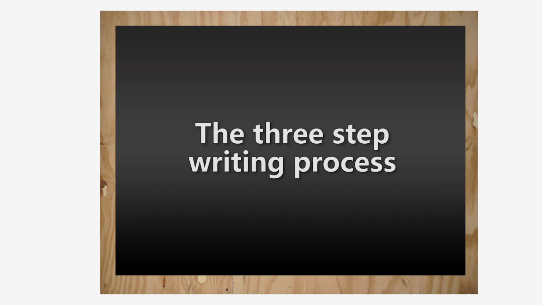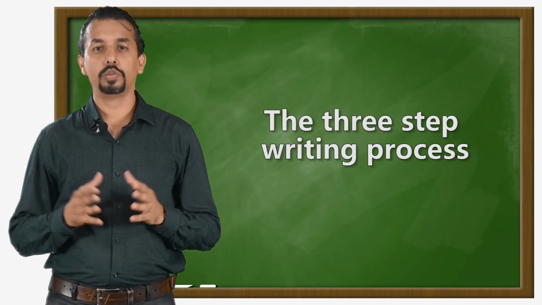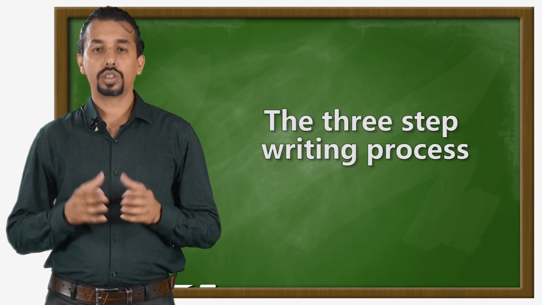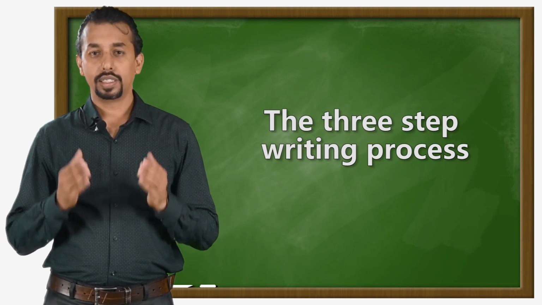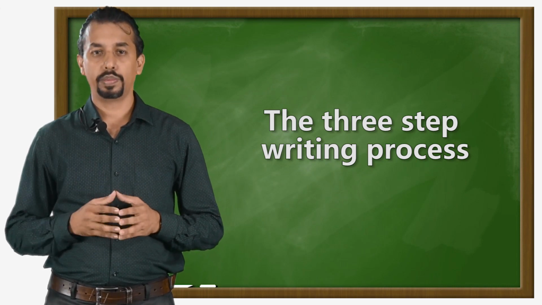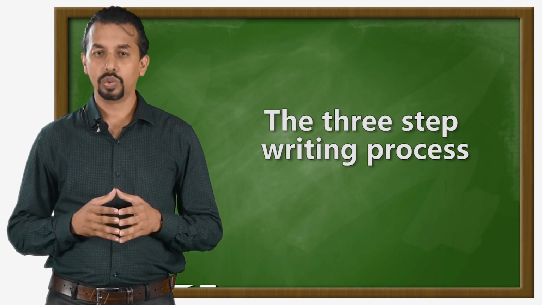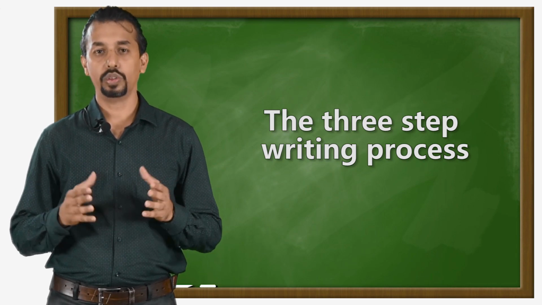The three-step writing process. The foundation to any effective business communication is what is known in the industry as the three-step writing process. Skipping even one step can lead to plenty of miscommunication and stress during and after the process of communication.